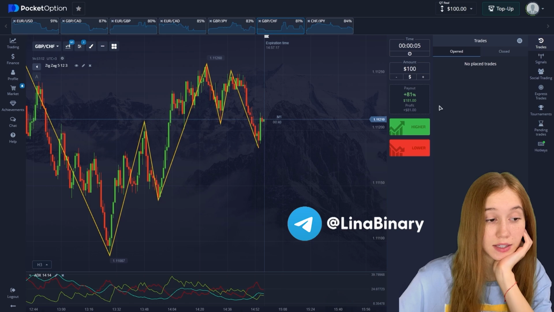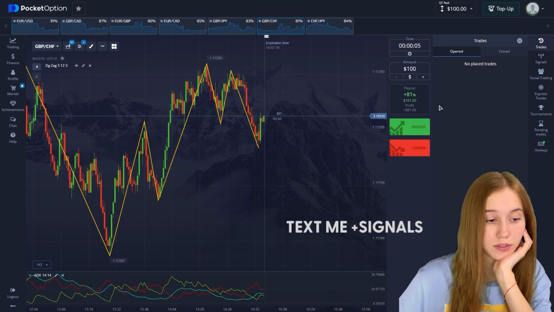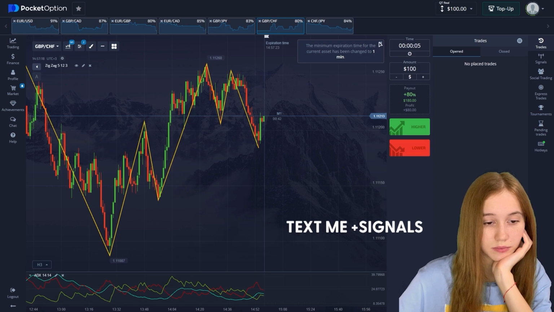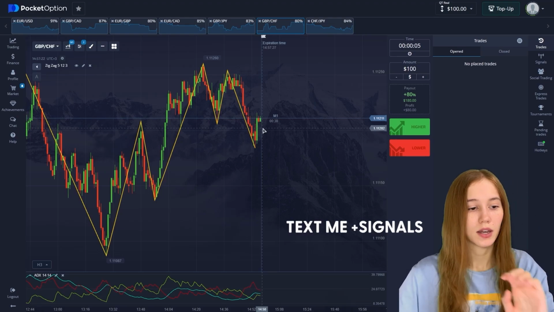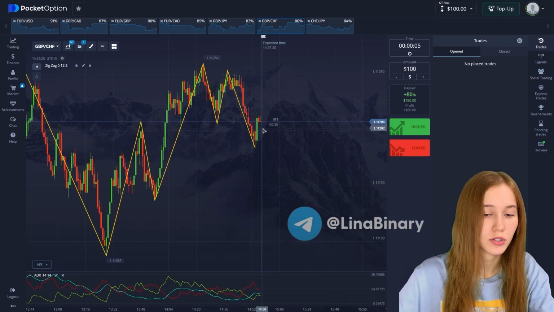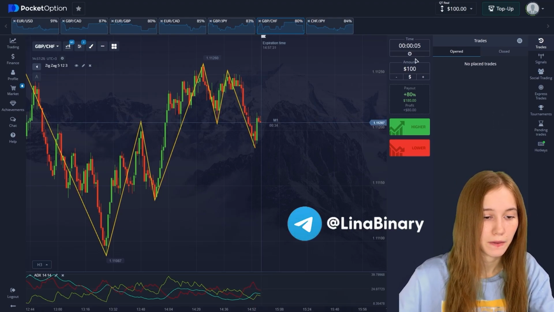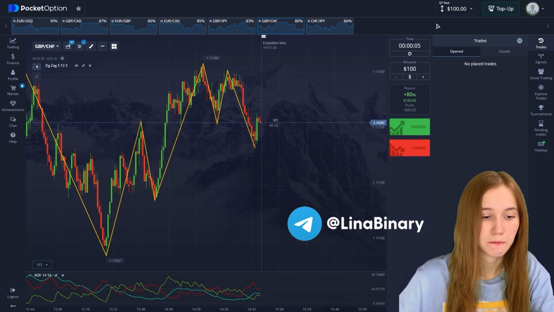We must exceed $1,000. I hope this will go well. And today we have Pocket Option, this platform on which we will trade, and our balance will be increasing.